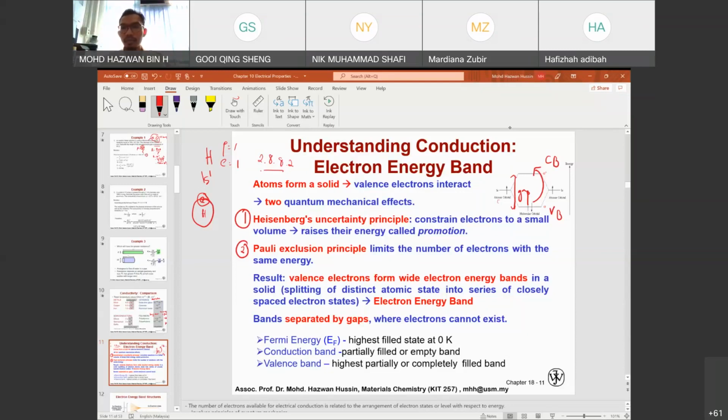Empty kalau tak ada apa-apa lah. But if there is any promotion, then it can be partially filled or not. Okay. So valence band. Valence band is where the valence electron is located. Okay. So highest partially or completely filled band. Right.